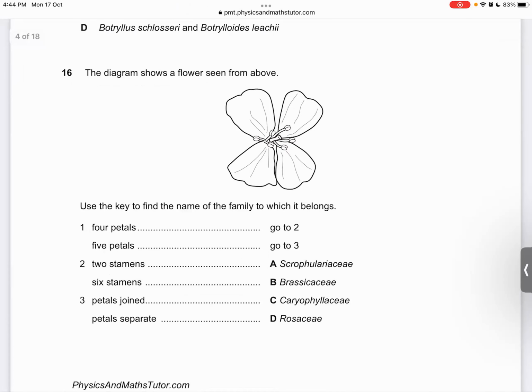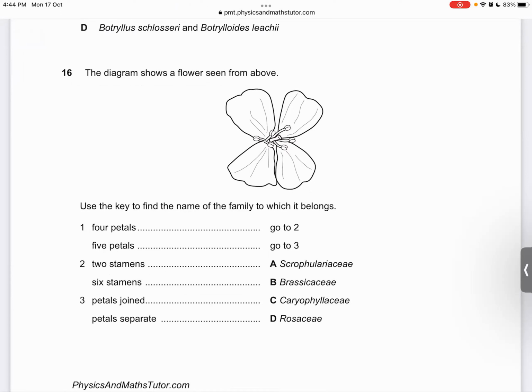So the diagram shows a flower seen from above. Use the key to find the name of the family to which it belongs. 4 petals, 2 stamens. No, 6 petals joined. Are the petals joined or separated? They look like they're separated.